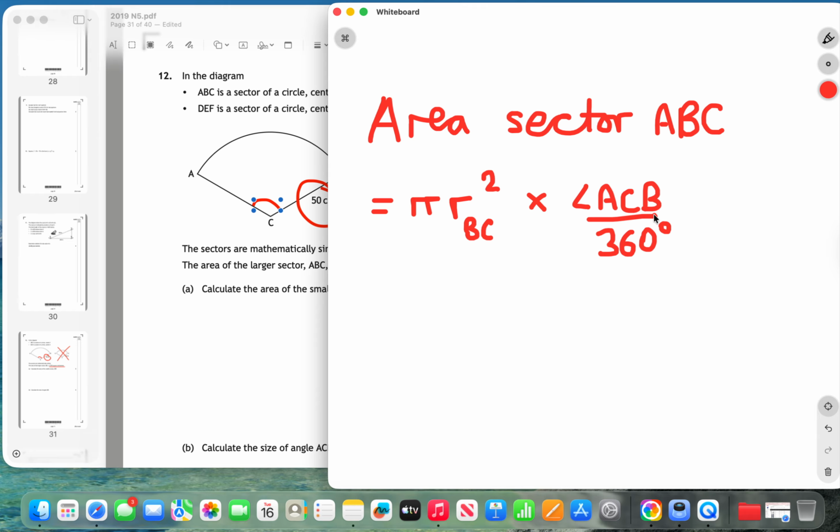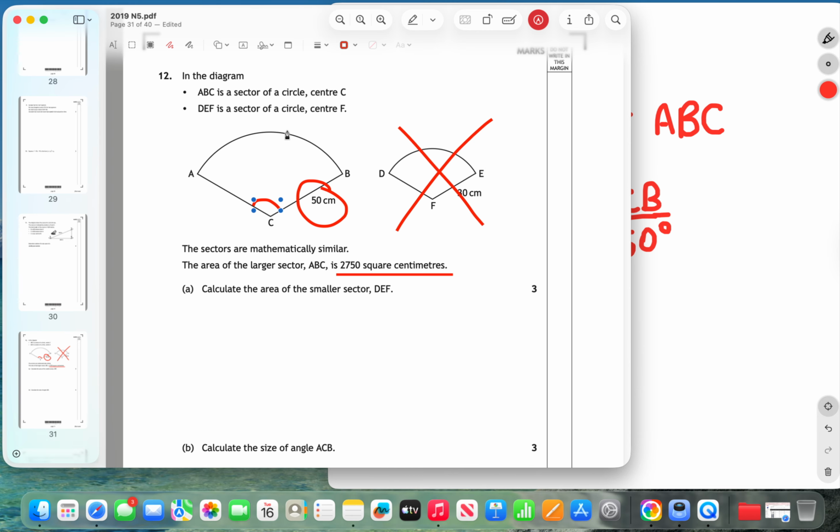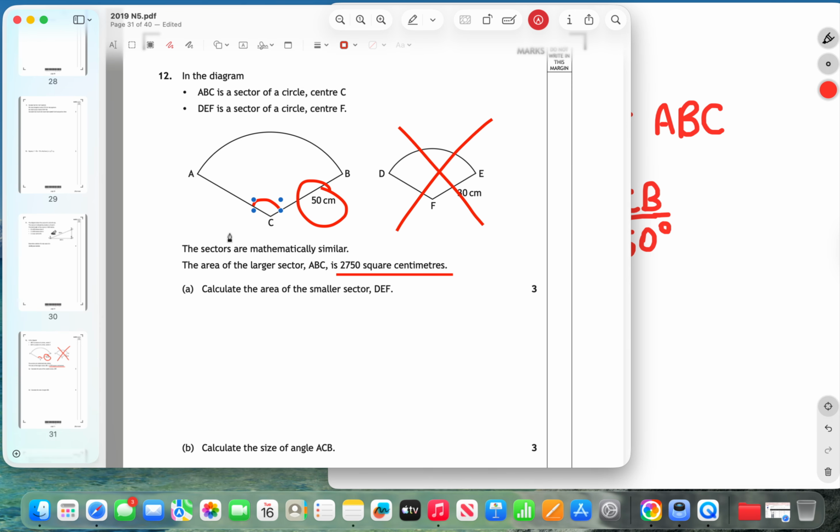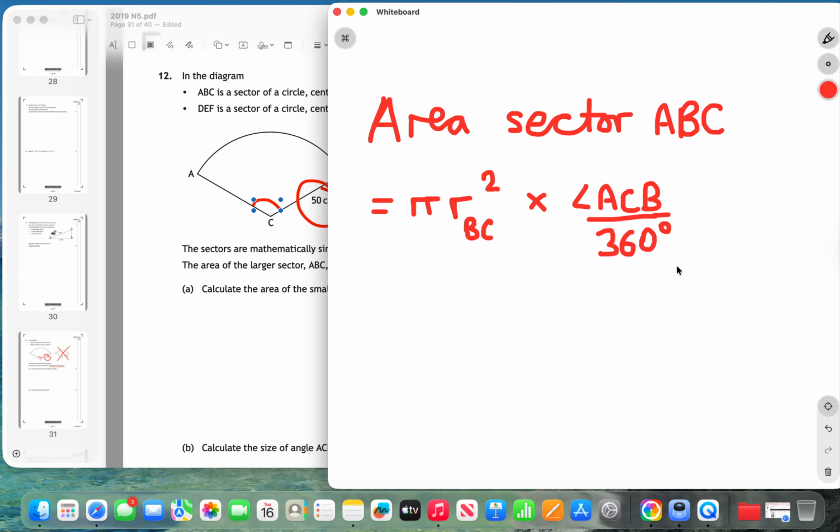And this is the fraction of the circle that's the sector. So let's substitute what we know. We know that the area is 2,750, and we know that the radius RBC is 50.